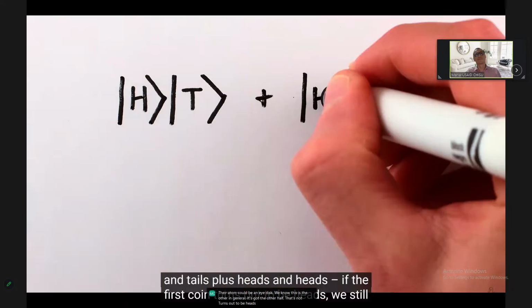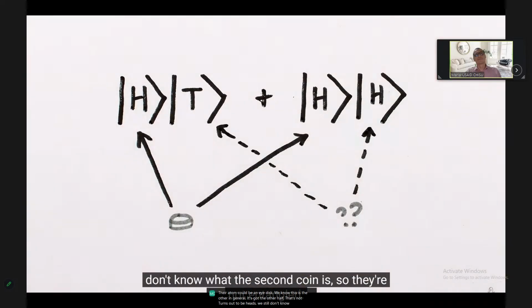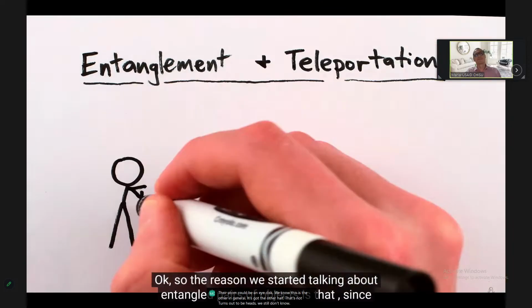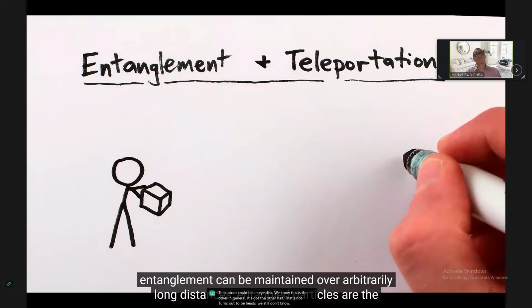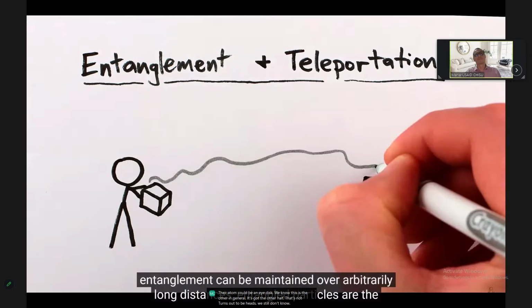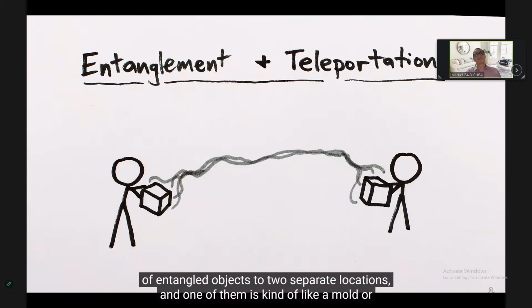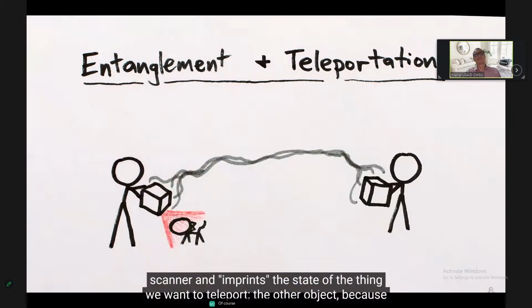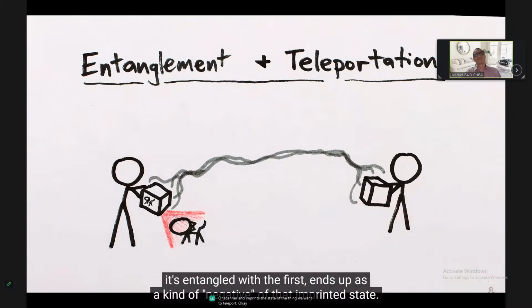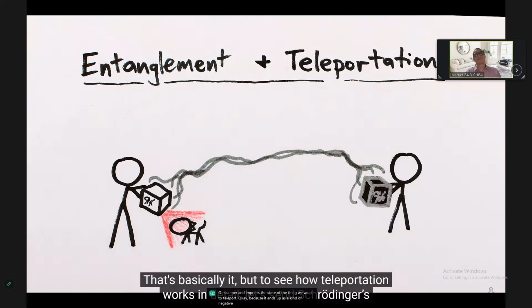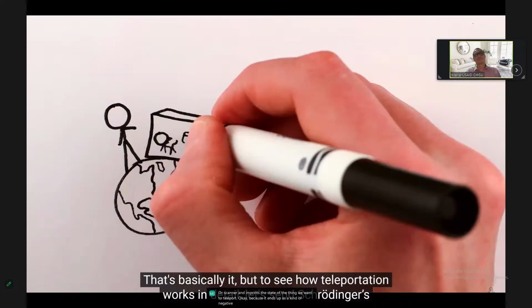To be his. We still don't know it. Or scanner and imprints the state of the thing we want to talk object because it ends up as a kind of negative state. That's basically how teleportation works in detail.